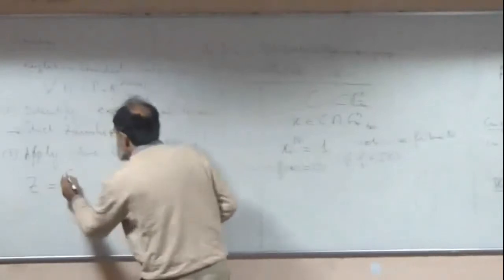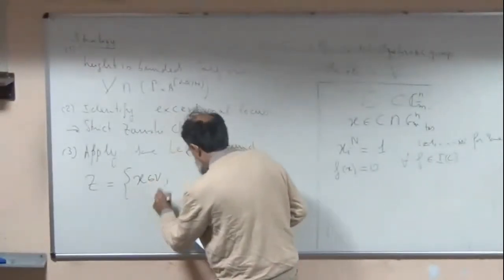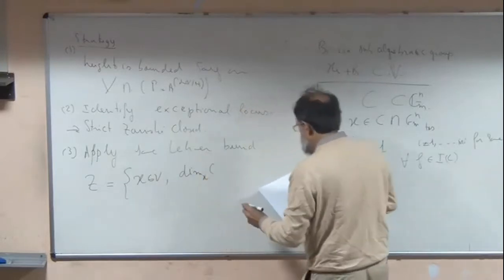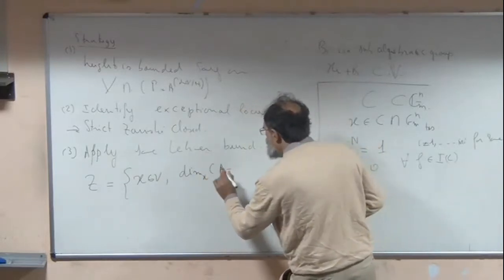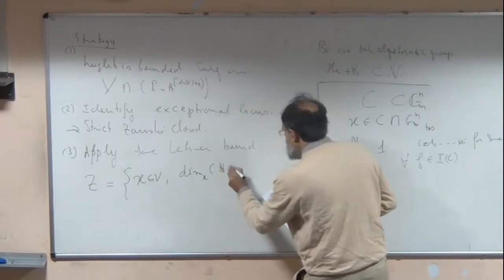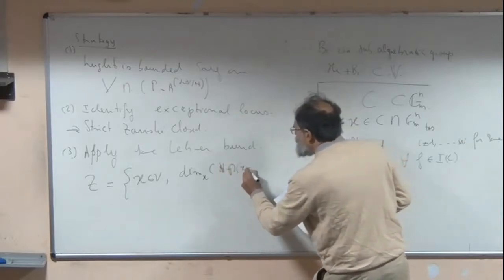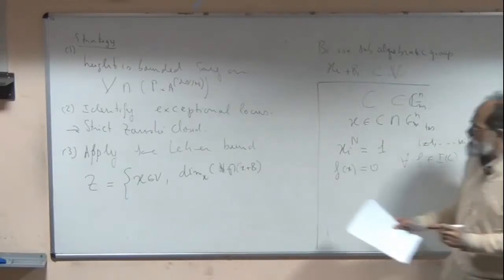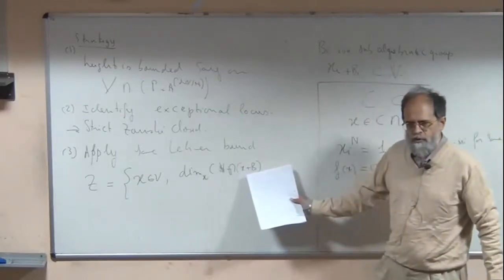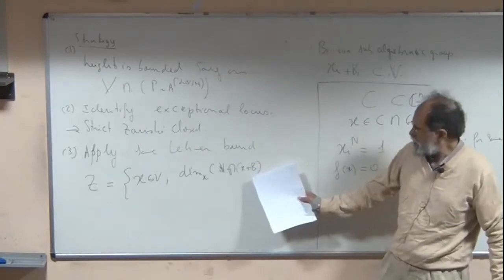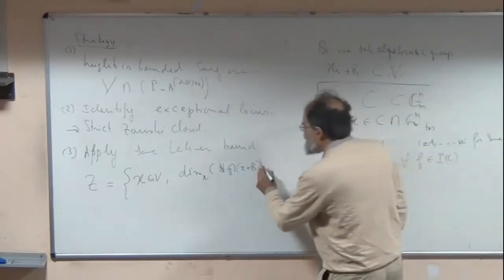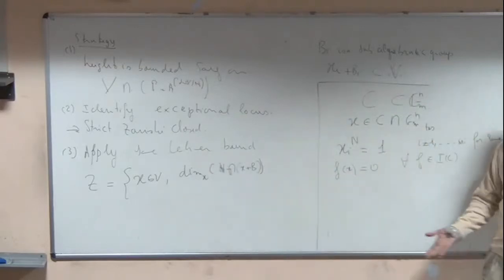So you look at the set of X in B, and you look at the local dimension at X of the intersection V intersected by X plus B for some translate of a subalgebraic group. You take a subalgebraic group, you cut it like that, and what is your expectation?